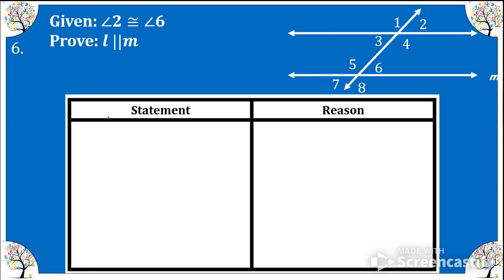Okay, number 6 says angle 2 is congruent to angle 6. So let's mark that. 2 and 6 are congruent.